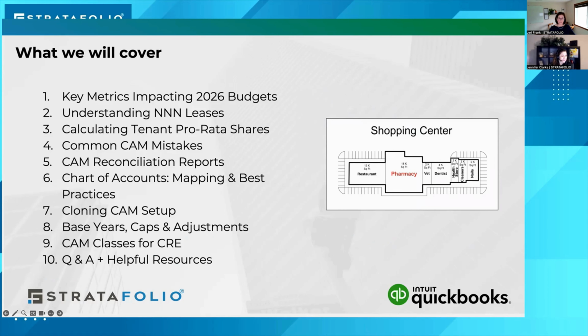Today we're going to cover a number of things, including some key metrics that are going to be impacting 2026 budgets. We'll go through quickly what a triple net lease is and remind people how to calculate tenant pro rata shares, and some common CAM mistakes that we see based on all of the clients that we've worked with over the years.